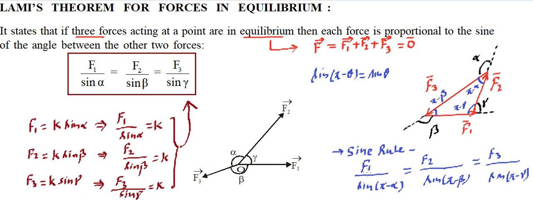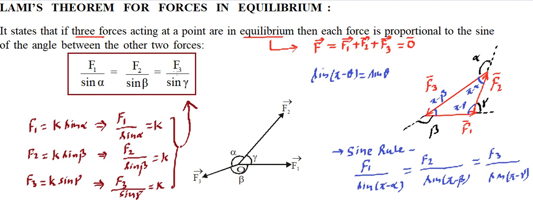That means f1 upon sine alpha is equal to f2 upon sine beta is equal to f3 upon sine gamma, which is Lami's theorem. So Lami's theorem uses the sine rule of trigonometry along with the equilibrium condition.